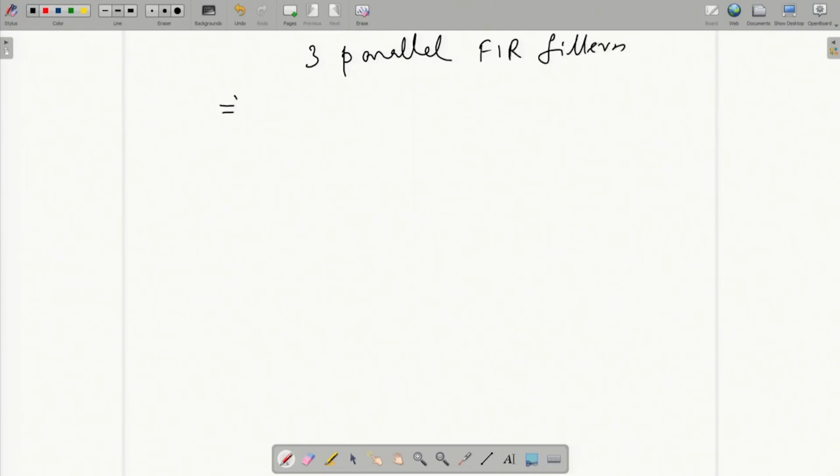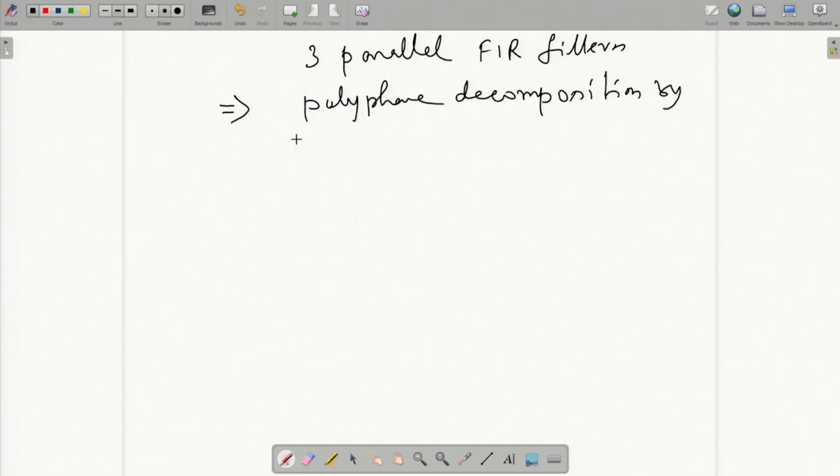And obviously, we will consider polyphase decomposition by a factor of 3. If it is 3 parallel, it will be 3. If it is 4 parallel, it will be 4, like that. We all know what is polyphase decomposition of a sequence, but quickly, if it is a factor of 3, we can do a quick recap.